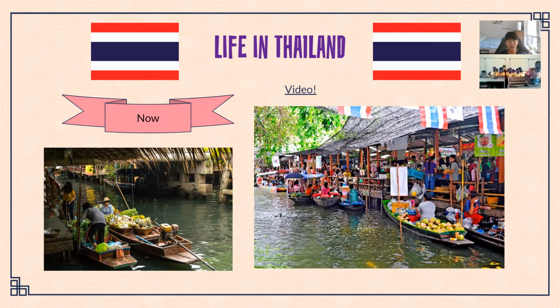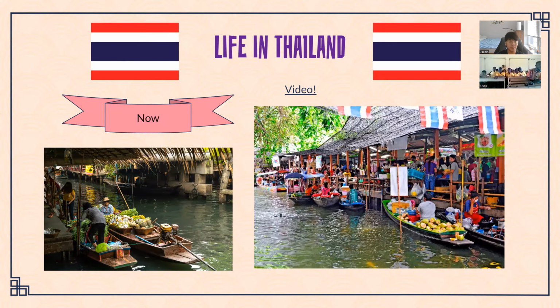People have their boats and buy from their boats. Let's say one boat can be full of fruits, pineapples, mangoes, and they go around selling their fruits to others while still on the boat.